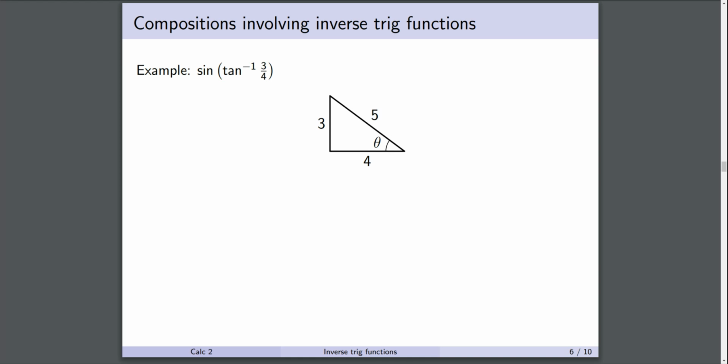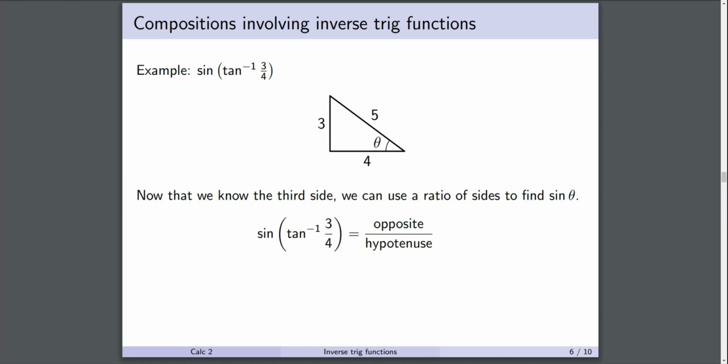And now that we know all three sides of our triangle, we can find the sine of the angle. That's what we're looking for. So I set up the ratio of sides that defines the sine. It's opposite over hypotenuse. In this problem, that ratio is 3/5. So that's the answer to our problem. The sine of inverse tangent of 3/4 is equal to 3/5.